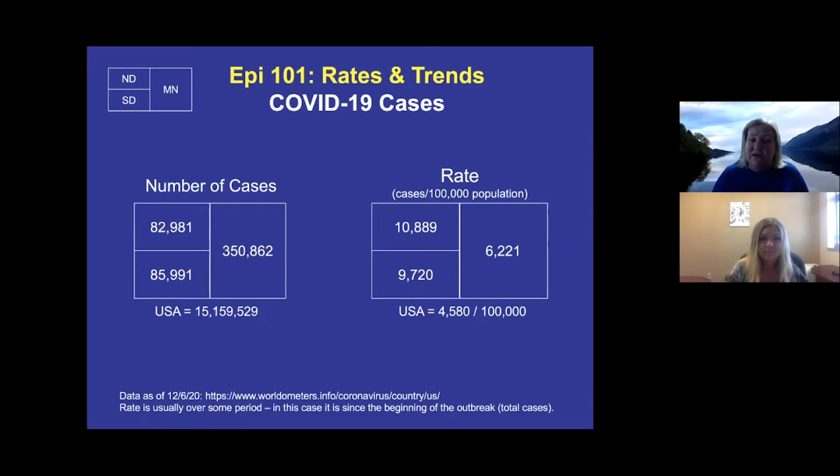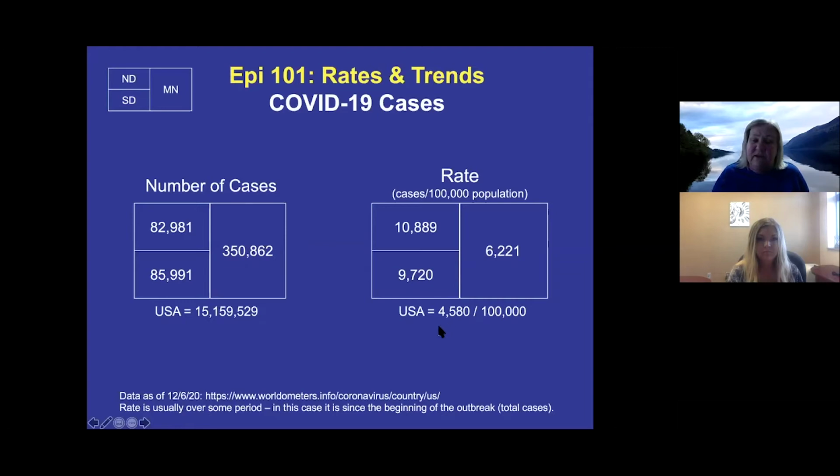So you can see from these numbers that it's not Minnesota that has the problem, it's North Dakota. North Dakota has the highest rate of cases of the 3 states. And Minnesota, even though they had this many cases, they have a much lower rate.